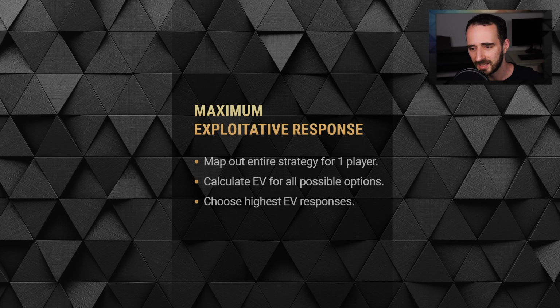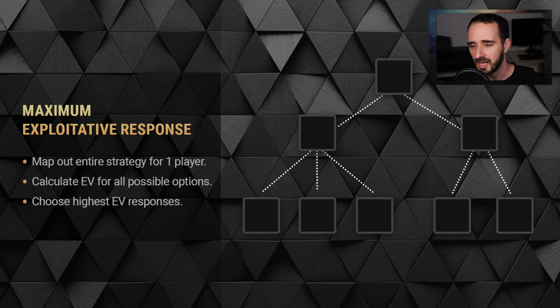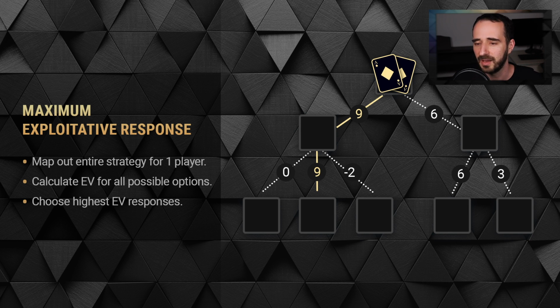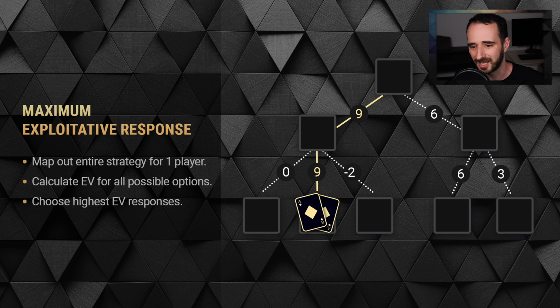The way this is done in practice is pretty easy for a computer. If you know someone's entire strategy, you can calculate the EV for each option that you have and then just pick the highest EV option. So a computer can just go through everything in a long list, pick the highest EV decision for every hand in every situation, and at that point you have your max exploit.